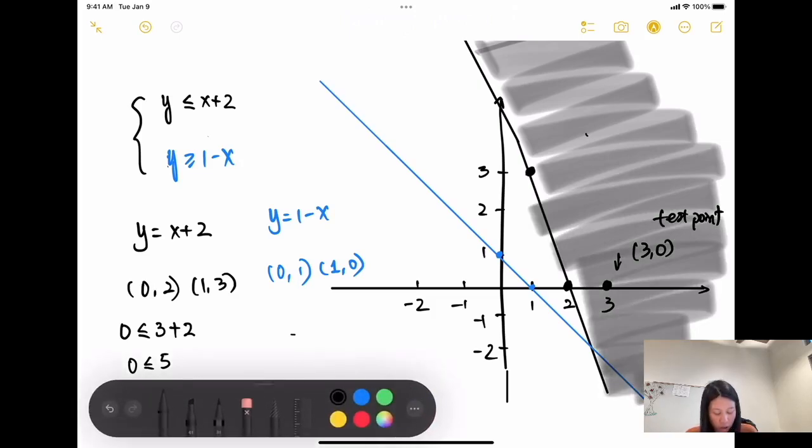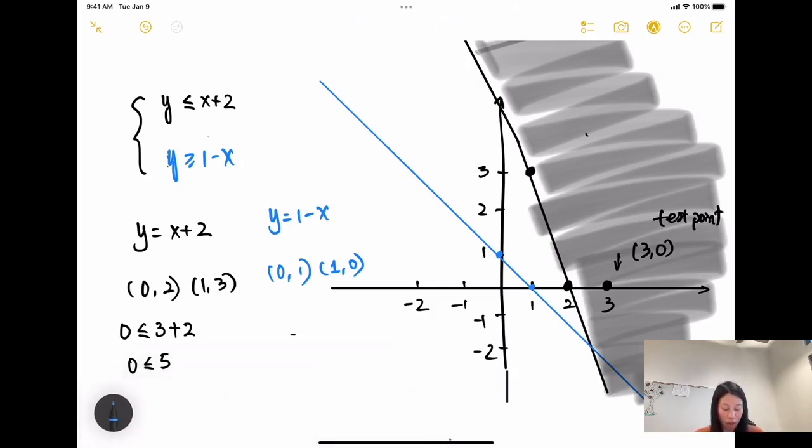Now we need to find a test point for the blue line. Any point works, maybe negative 2, 0 as my test point for the blue line. I substitute x equals negative 2, y equals 0. Be careful, here it is 1 minus negative 2.